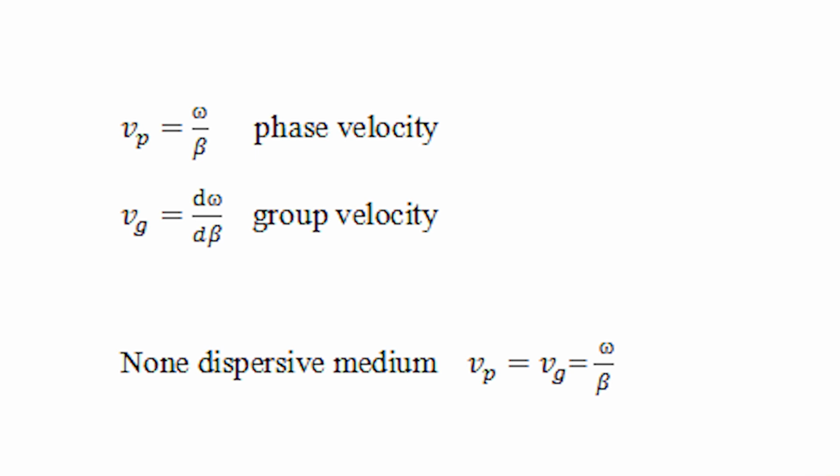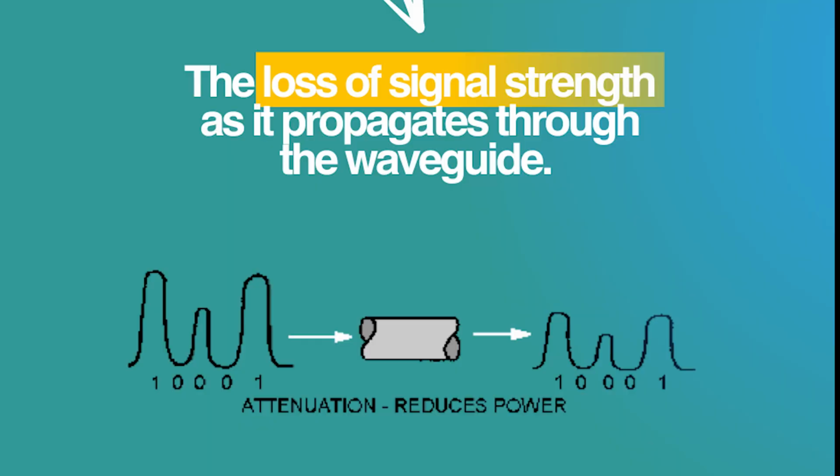Phase velocity is the speed at which the phase of the wave propagates, given by Vp equals omega over beta, where omega is the angular frequency and beta is the propagation constant. And group velocity, denoted as Vg, is the speed at which the energy or information travels, given by Vg equals d omega over d beta.